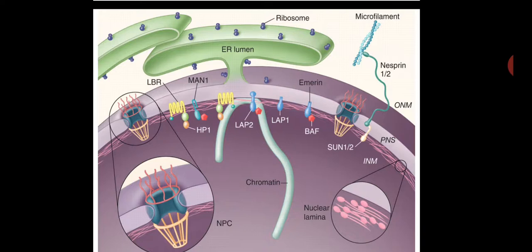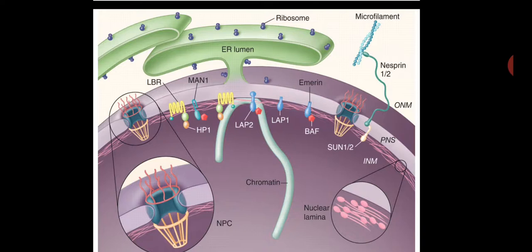Some proteins act as binding sites for chromatin and support the membrane. The inner nuclear membrane also contains nuclear lamina proteins, a protein meshwork which gives mechanical support to the inner membrane.